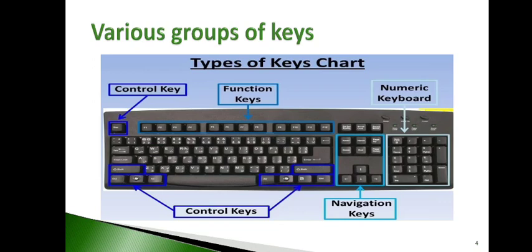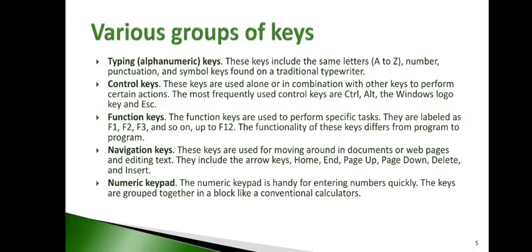Otherwise you can see the letters A to Z. Clear? Some symbols are also printed on these keys. So basically this keyboard is divided into 5 to 6 various groups. Now we will be discussing these groups. The picture you have already seen.